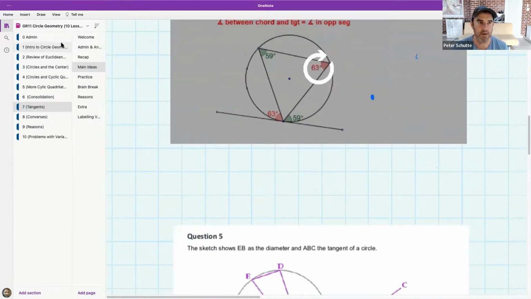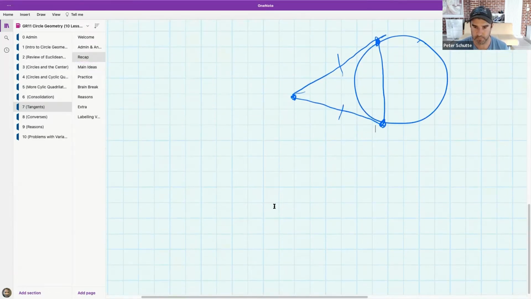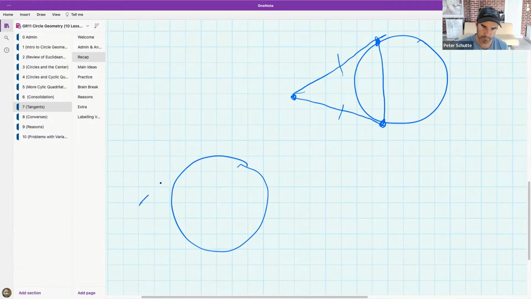Okay, say that we have, there's one more situation I want to deal with. Say I have a circle like this, and the tangent comes along like that. Sometimes I will have a line going to the center, but sometimes I won't.